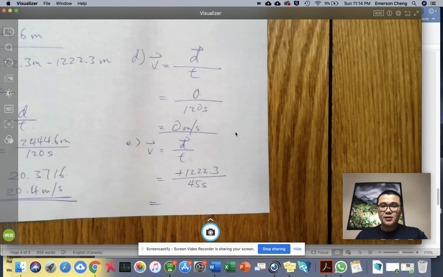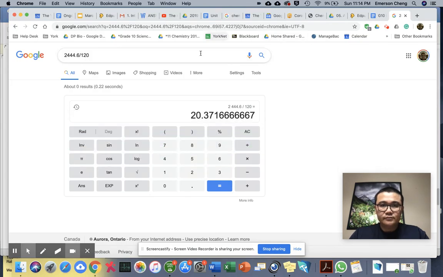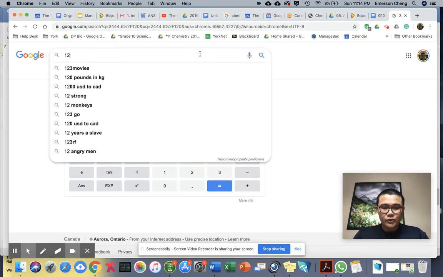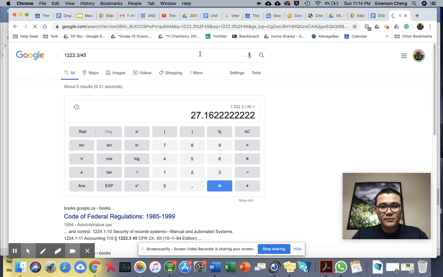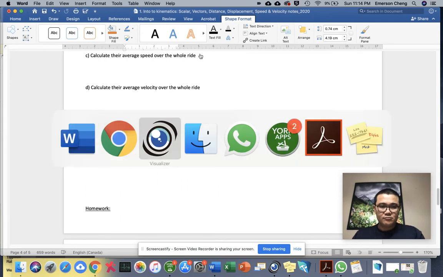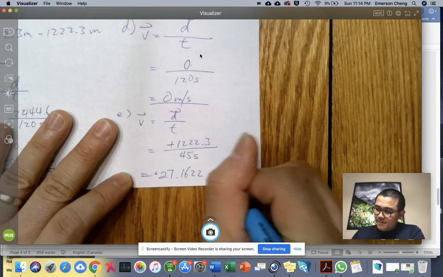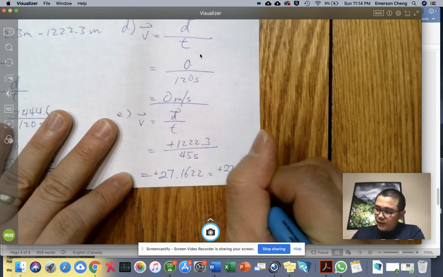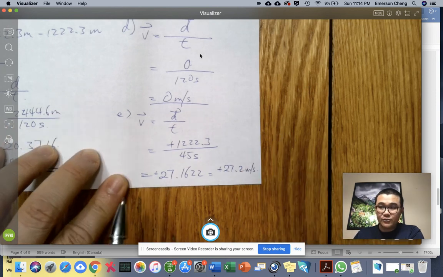So you divide these two together: 122.3 divided by 45 is 27.1622. Keeping one decimal place, it's plus 27.2 meters per second. Keep in mind this is a vector now, so you do need to give them a direction.